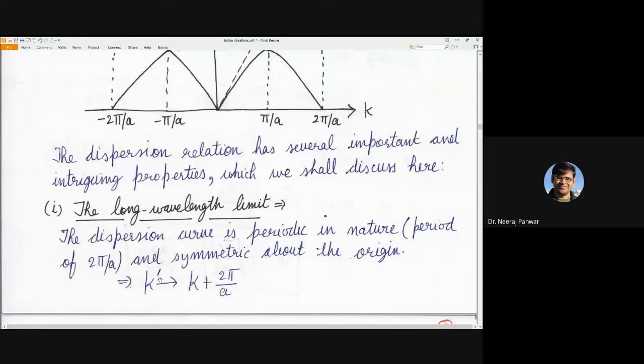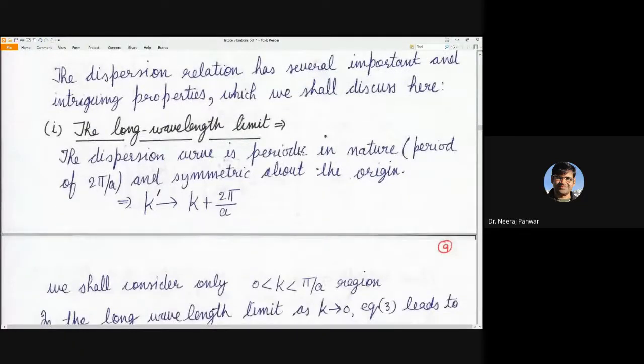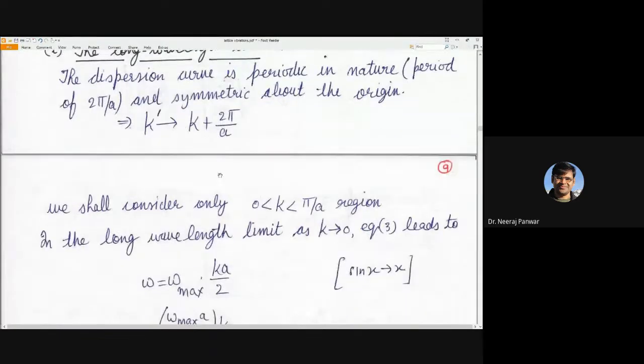So k prime in a higher Brillouin zone is related to a k in the first Brillouin zone by a reciprocal lattice vector. That's why the periodicity of the lattice is reflected in the omega versus k diagram also, like it was reflected in the E-k diagram when we considered the band theory.